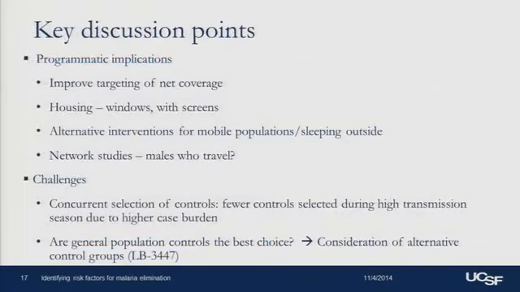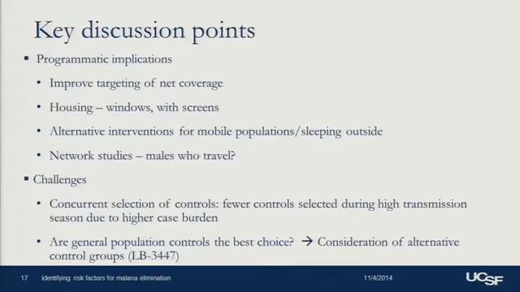The key discussion points that I want to take away from these preliminary results are the possible programmatic implications. One objective might be to improve targeting of net coverage. It was low in both cases and controls, which obviously needs to be scaled up and perhaps targeted better to high-risk populations.